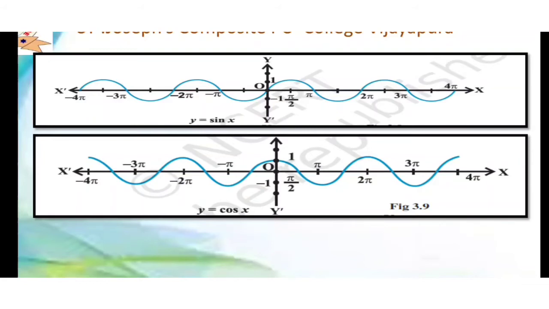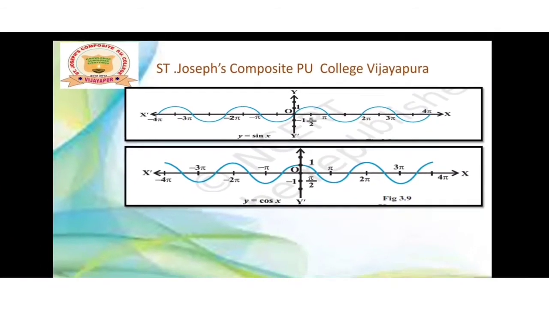So the domain of the sine function and the cos function is the set of all real numbers, and the range is minus 1 to 1, because the maximum value is 1 and the minimum value is minus 1. So here the domain is the real numbers and the range is the closed interval minus 1 to 1.